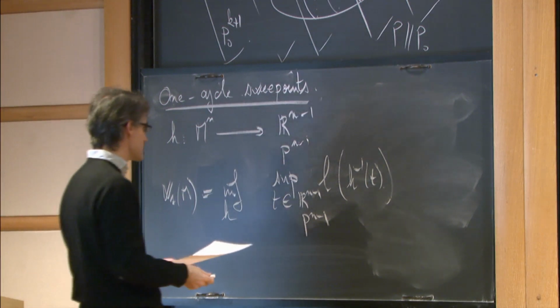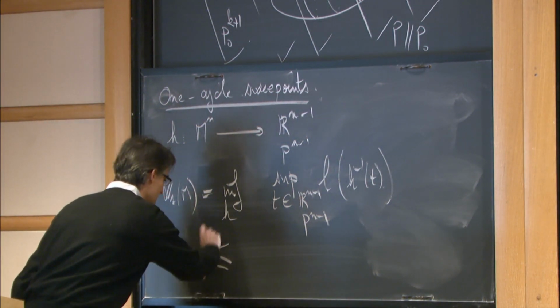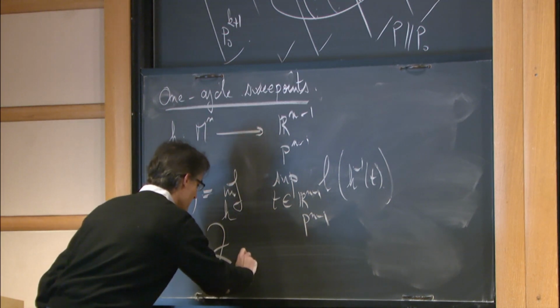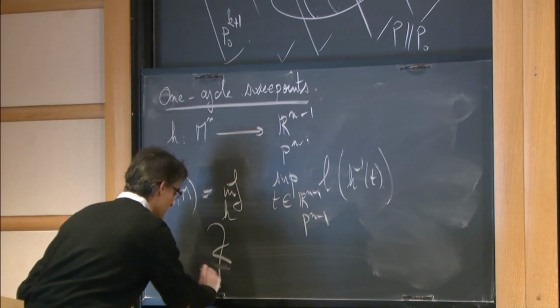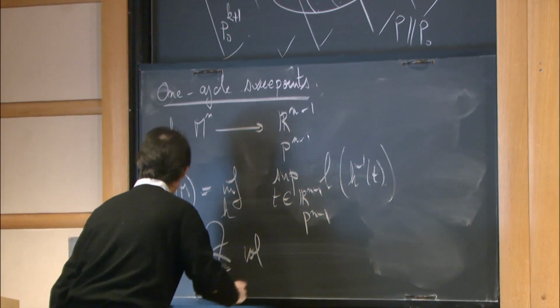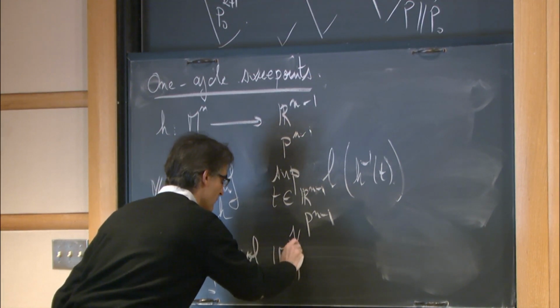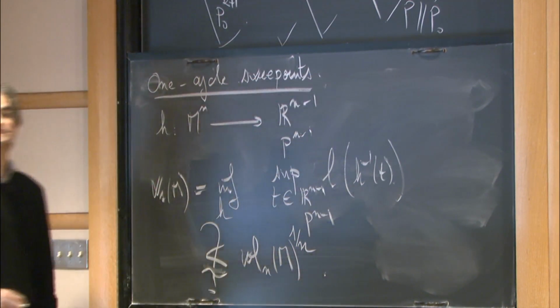And of course the question is, can you find an upper bound like that? Can you bound it from above in terms of the volume? And the right power this time is 1 over n.